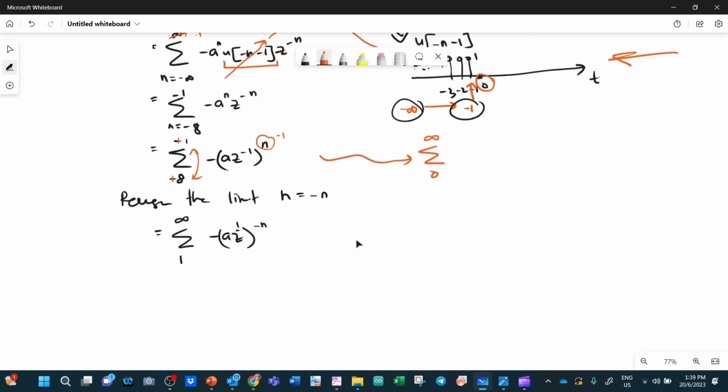Okay, so after that, we can proceed with the equation. We take out this negative value to the front. So you have minus the summation from 1 to infinity of (a z^(-1))^(-n), which you can rewrite as minus the summation from 1 to infinity of (a^(-1) z)^n.